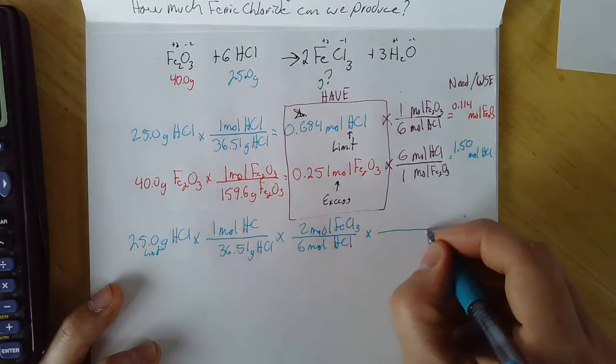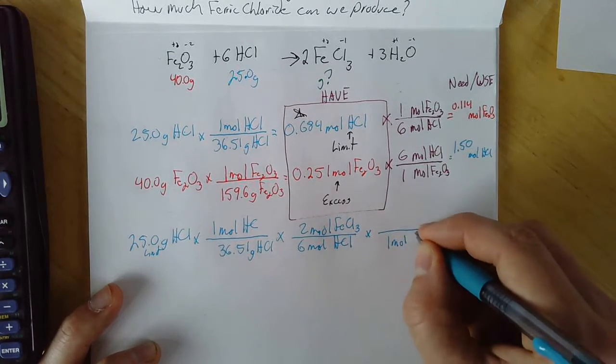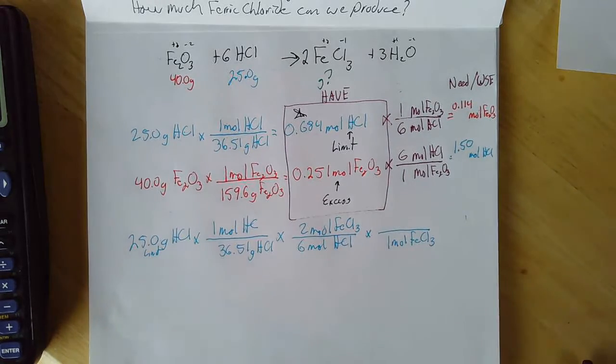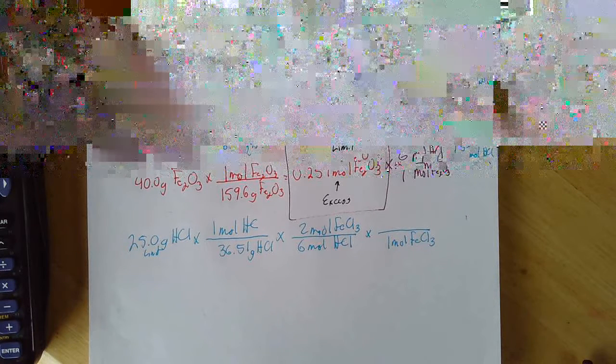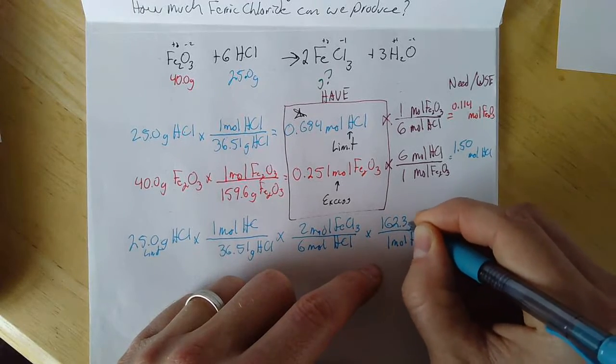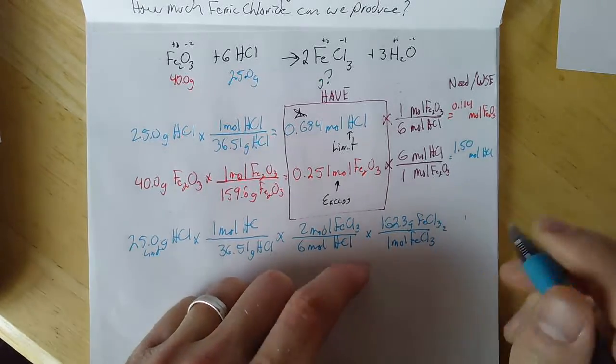And then finally, right, we need to get rid of our moles of FeCl3, remembering not to bring that down. And if we calculate FeCl3, 162.3 grams per mole of FeCl3.